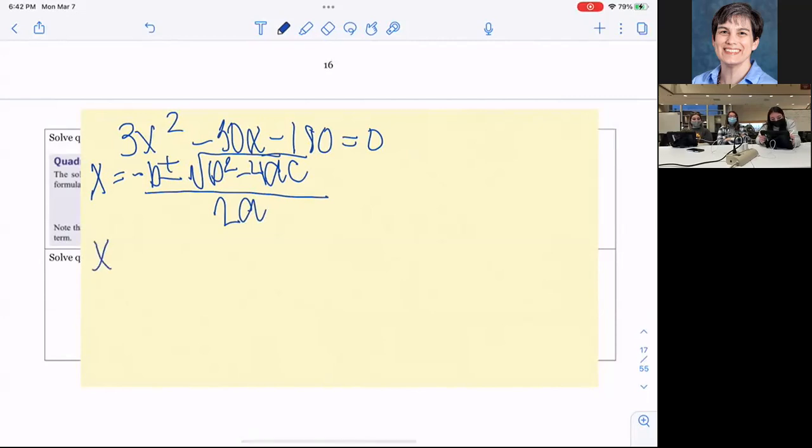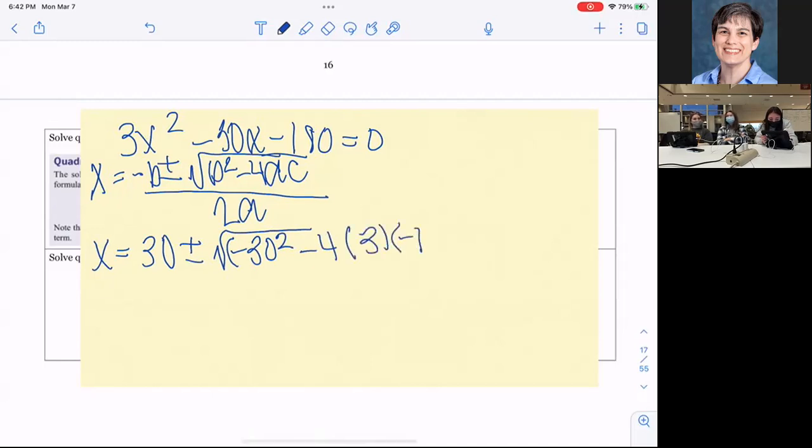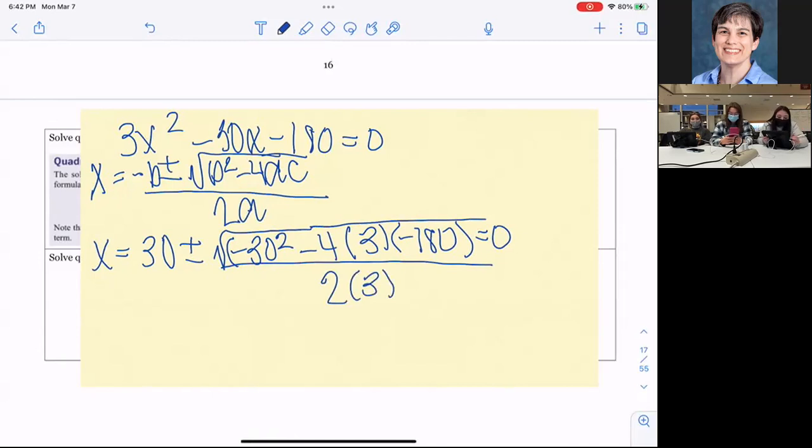So then we will have x equals 30, because the negatives will cancel, making it positive, plus or minus the square root of negative 30 squared minus 4 times 3 times 180, all over 2 times 3.